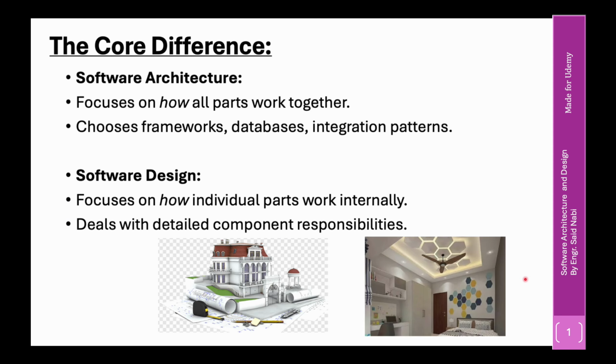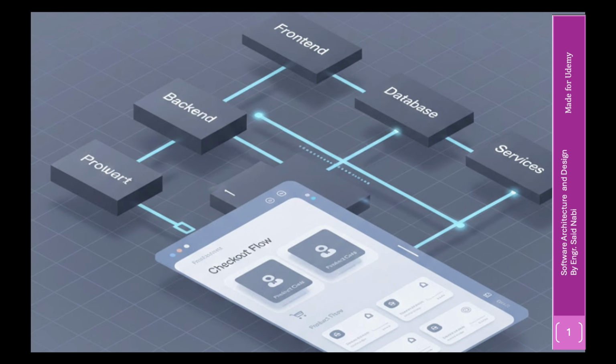Now, for example, you want to build a software system. What would be the architecture of the software? If it's an e-commerce store, what would be the architecture? Architecture will include high-level structure like front-end apps, back-end services, product catalog, payment gateway, inventory system, databases, and third-party integrations, and how they communicate with each other.